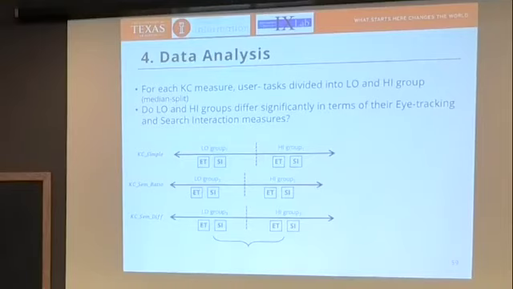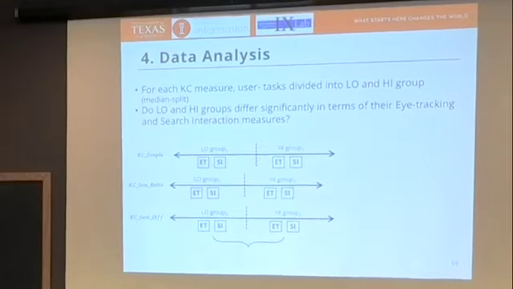So this gave us some level of confidence that our measures tap into the change of vocabulary knowledge, no matter which measure we use. And then for these different measures, we looked at the difference between the eye tracking and the search interaction measures.